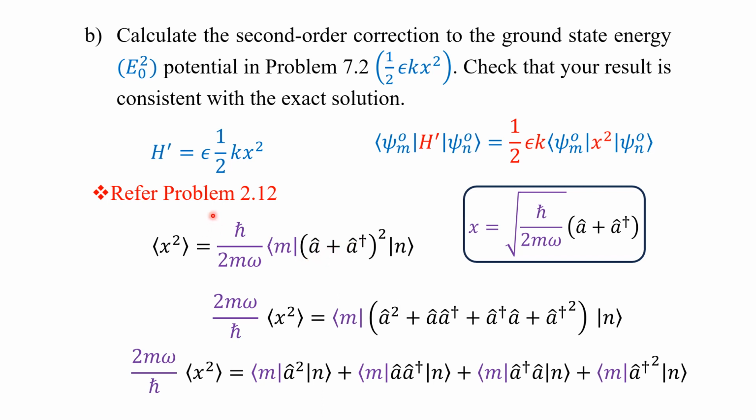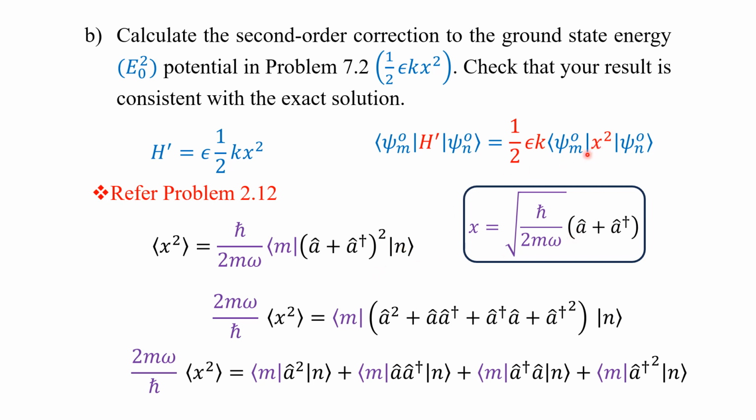I have given details about the annihilation and creation operators and solved problem 2.12 of Griffiths. Kindly refer to my lecture for details. The position operator x in terms of these operators is the square root of h cross divided by 2m omega, times a plus a dagger. A dagger is the creation operator, a is the annihilation operator.